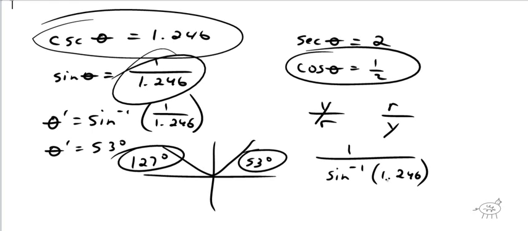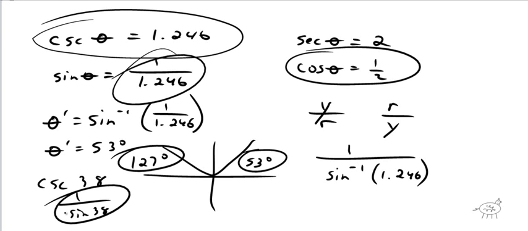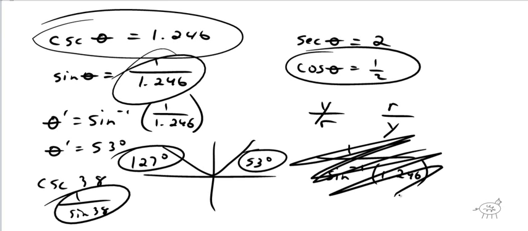They do 1 over that. This is not how you do this kind of problem. That's if I give you cosecant of 38 degrees, then you do 1 over sine of 38. That's how you do that kind of problem. But this is finding the angle, so you don't do that. That's really, really bad. You flip the ratio over and you just create a new problem. Okay? So let's just do one more here.